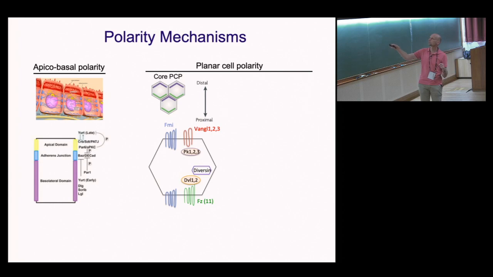Sorry, the colors don't really match here. But they are localized on opposite ends of the cells. The way this comes about is that within each cell, there is a set of proteins that mutually inhibit each other. This means that they will naturally tend to segregate in the membrane, right? So you can think of it as either on one side there will be the blue complex, and on the other side there will be the green complex.